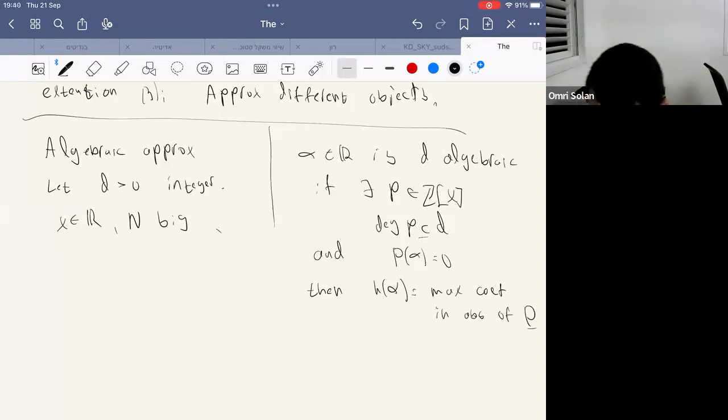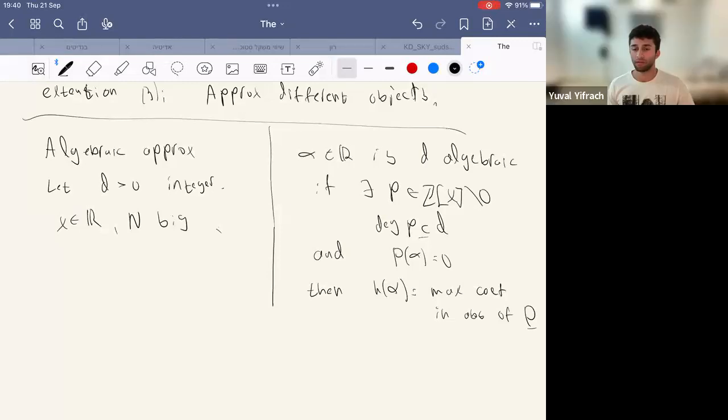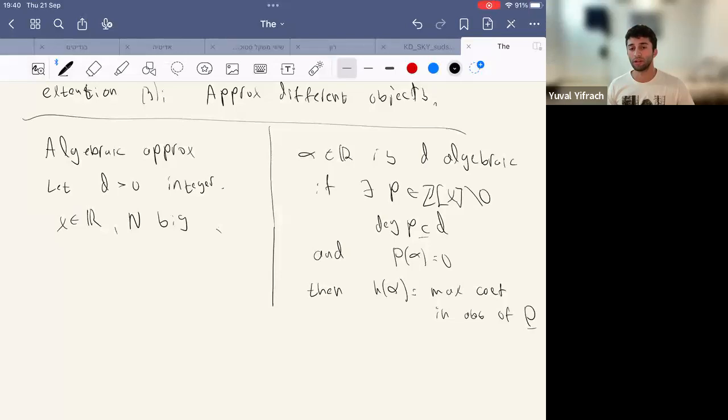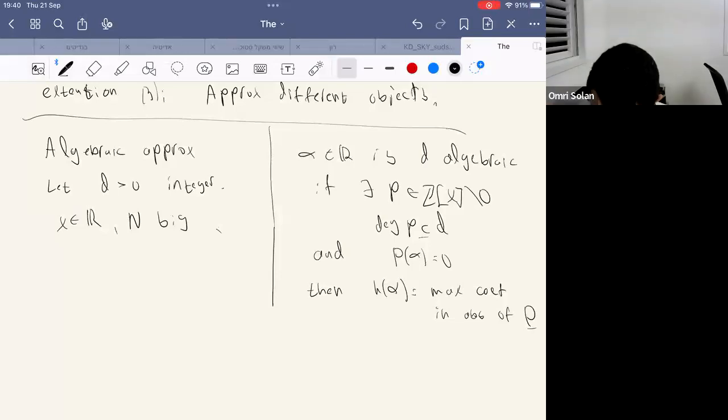Probably without 0. Any polynomial that alpha vanishes on, right? No, for the height you need to choose a polynomial. So okay, the minimal polynomial.